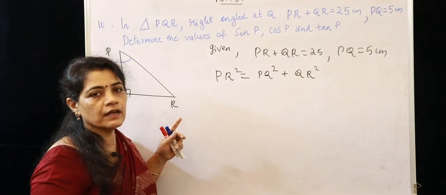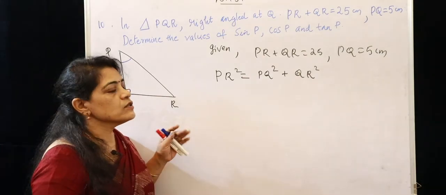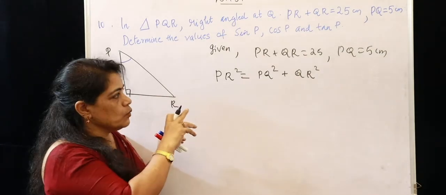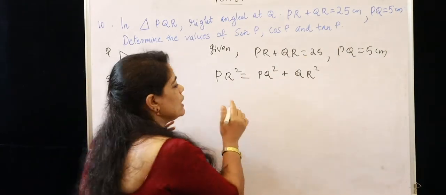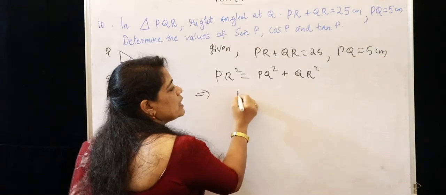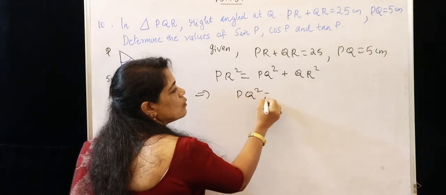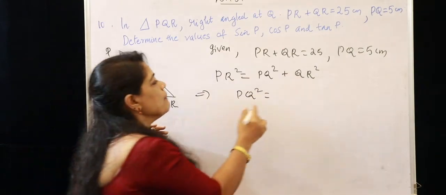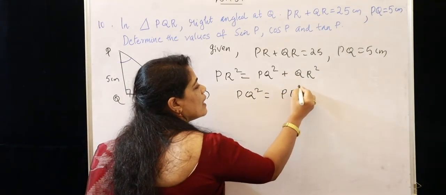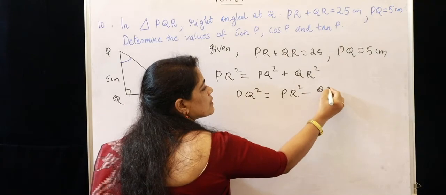So I am writing this equation with respect to PQ, since PQ is given. This implies PQ square is equal to, taking this to the LHS, PR square minus QR square.